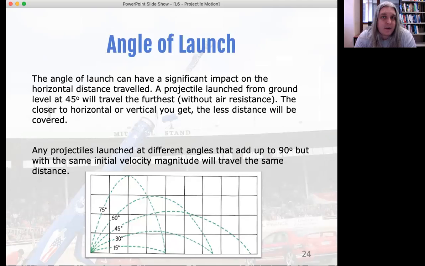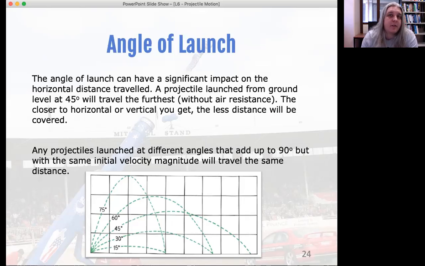One thing that does save us some work sometimes is understanding what the angle of launch does to the total displacement of a projectile that is launched and lands back at the same altitude, same height. So if you launch something from ground level and then you wait for it to hit ground further away and measure that distance between them, then what you'll find is that if you shoot it at 45 degrees to the horizontal, it will have the biggest possible displacement.